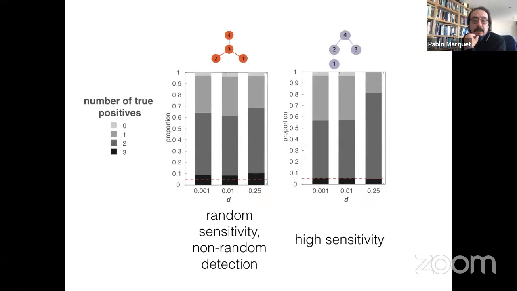Some of them have high sensitivity; the black bar is the number of true positives. Usually for some methods like the covariance you can get higher than random, where the dashed line is what you would expect from random reconstruction. But for some other networks, you are completely at the random reconstruction. So not very good.